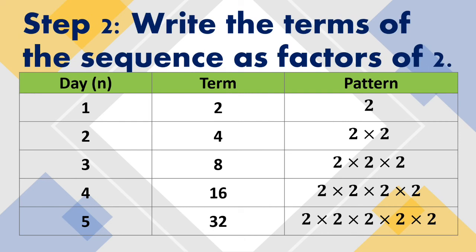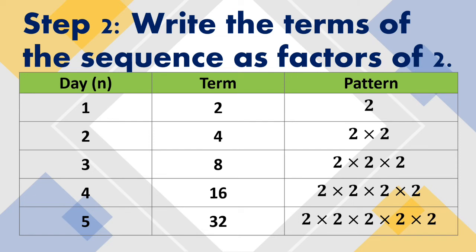Step 2. Write the terms of the sequence as factors of 2. As you can see on the table, the first term is 2, so we will write 2 for the pattern. Remember, 2 is our constant number. For the second term, which is 4, we are going to multiply 2 times 2.